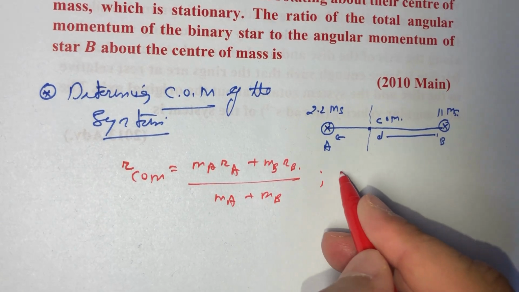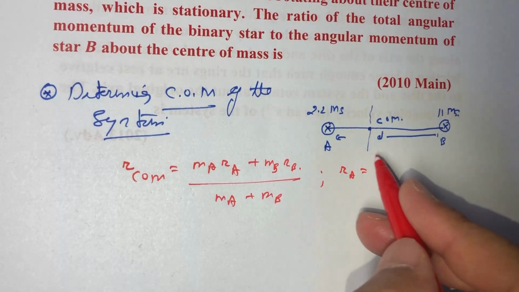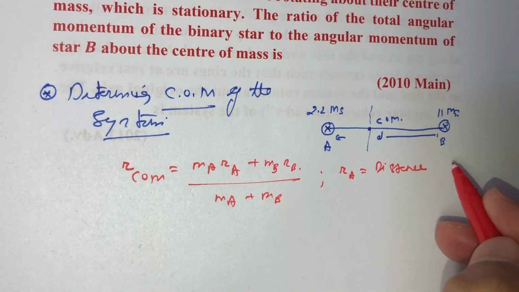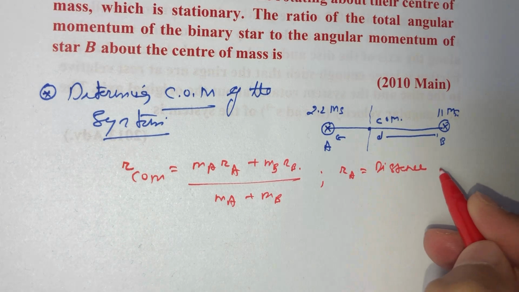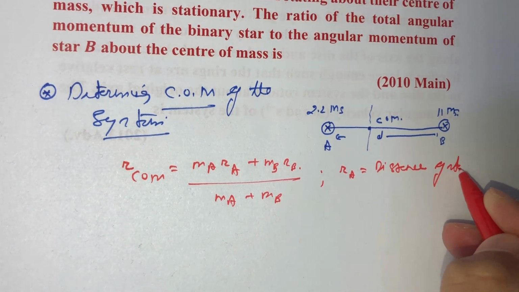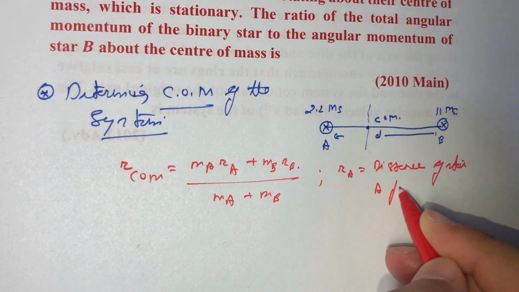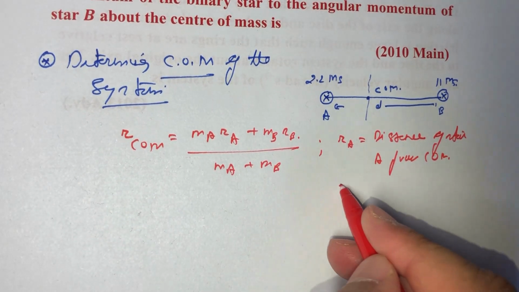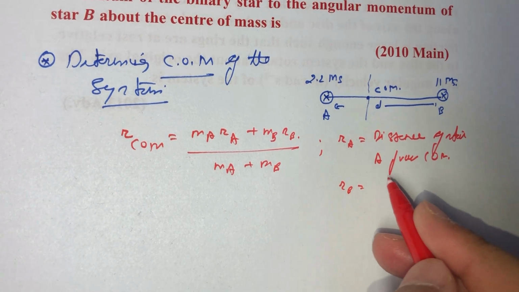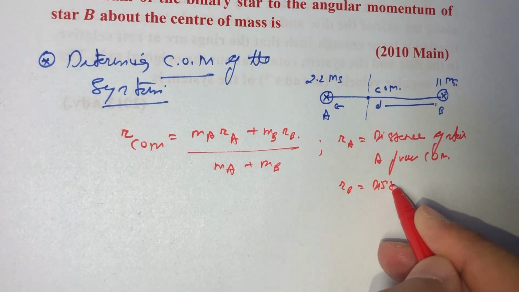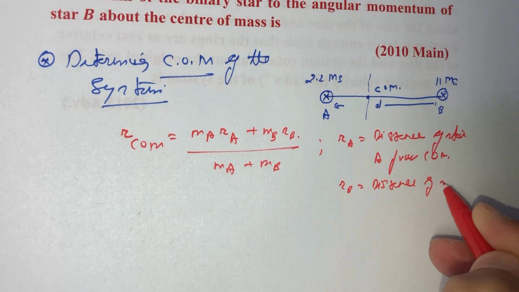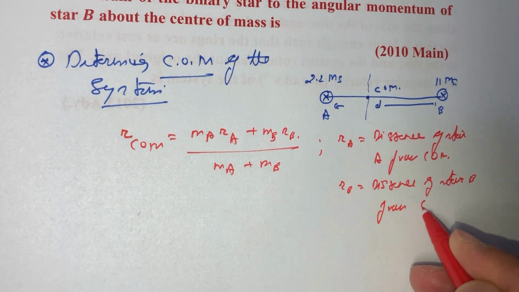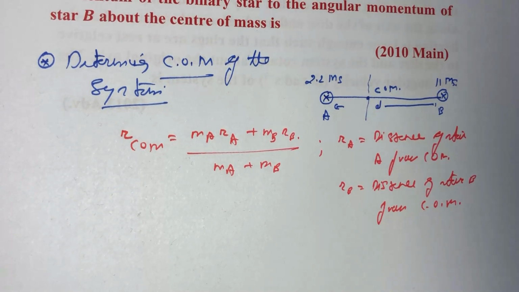where this RA is the distance of star A from center of mass. RB is also the distance of star B from center of mass.